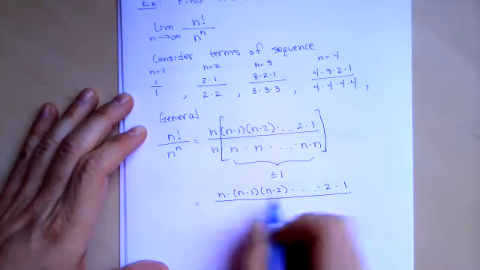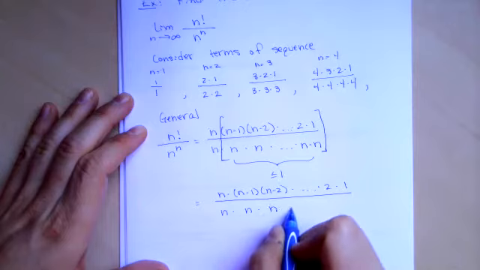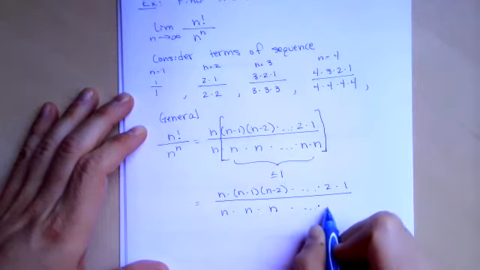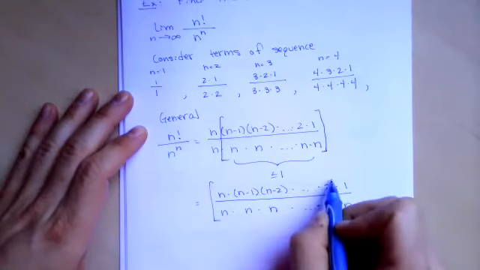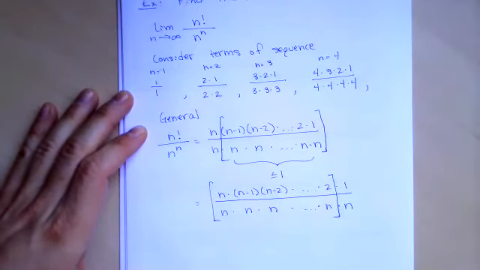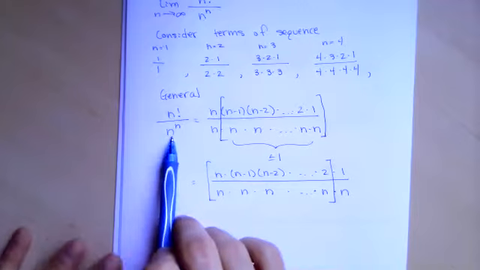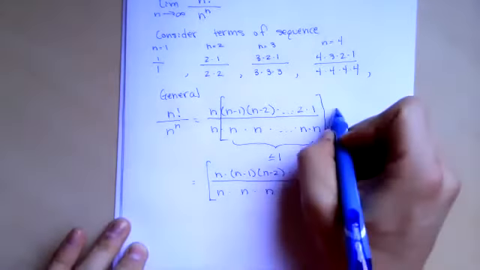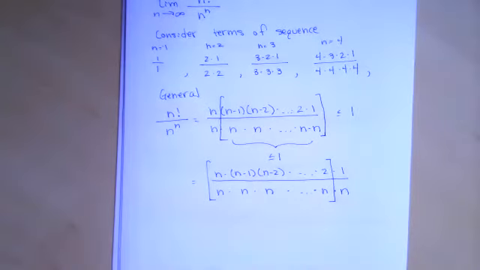So that's our numerator. Our denominator's here, just a bunch of n's. We want to consider this chunk. So this guy's not wrong, though it doesn't help us. What did we just show here? Well, we can essentially show that the general term is always going to be less than 1.